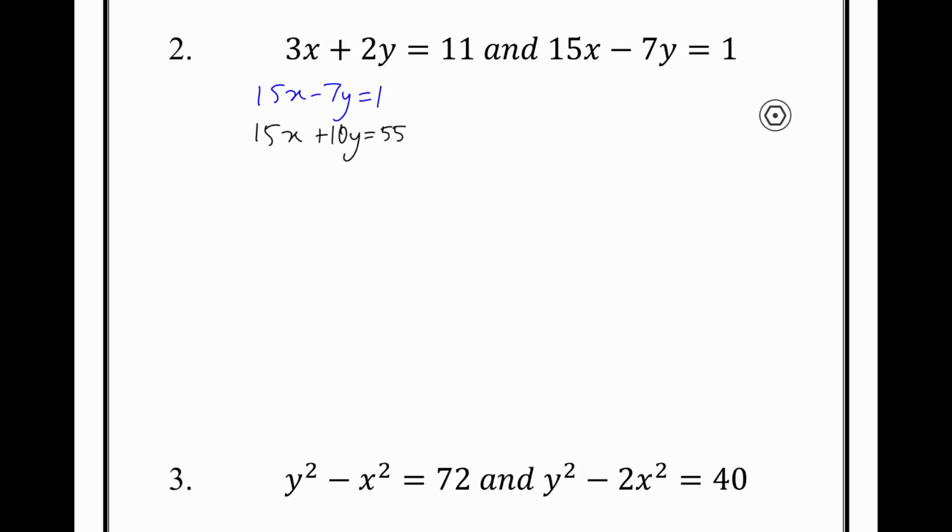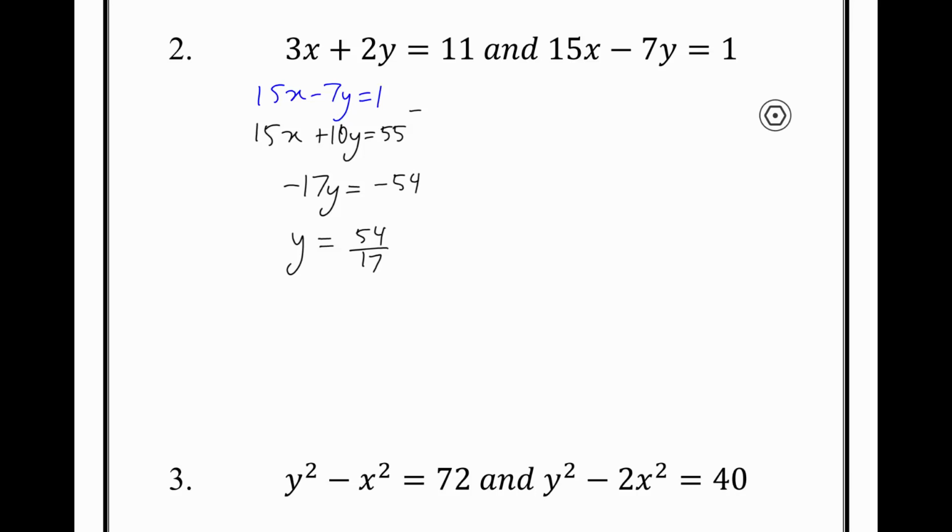Next we'll subtract these two to give us minus 17y is equal to minus 54. Next we'll divide both sides by minus 17 and give us y is equal to 54 over 17.